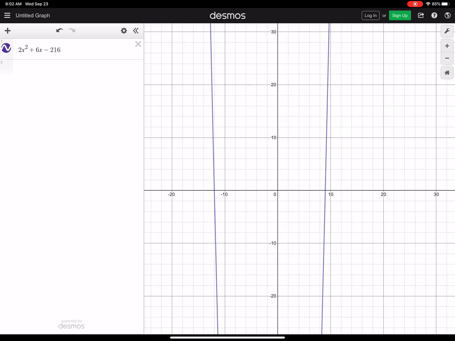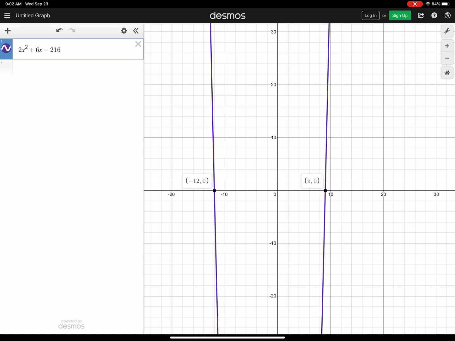Okay, now once again, there's one on the negative side, but it doesn't make any sense. We're not going to worry about the negative number. We want the positive, because a negative number thrown in there is not going to give us a positive 224. We want the positive 9, okay?